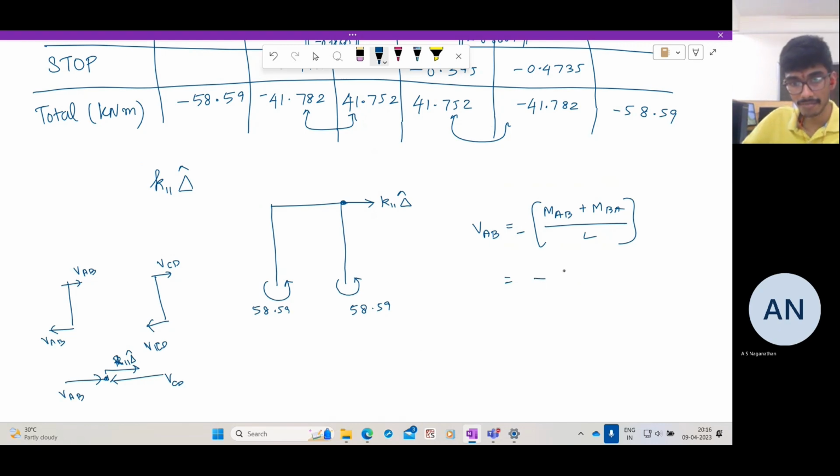This is minus 5.10, minus 5.0185 kilonewtons. VCD is also the same because it's the same two numbers. So we have minus already, so it is plus.